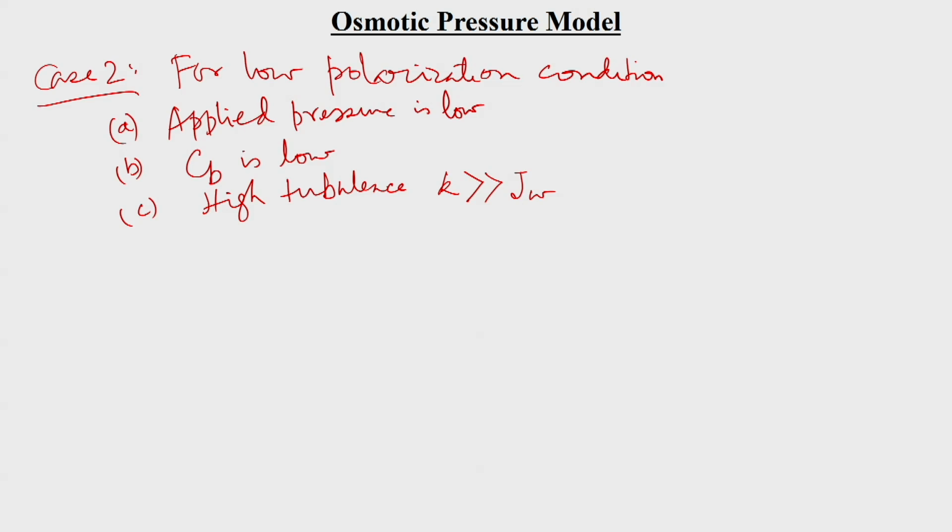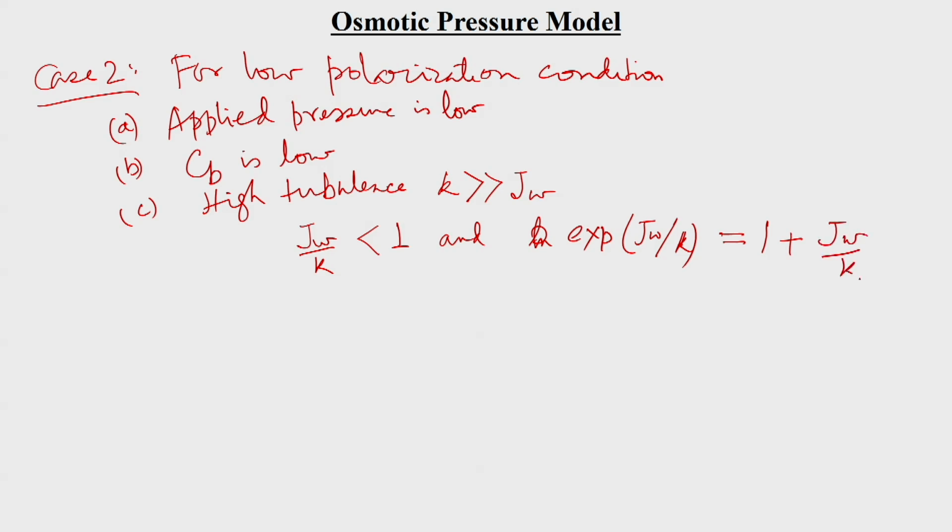In that case the ratio Jw by K will be lower than 1, and the exponential of Jw by K can be expanded simply as 1 plus Jw by K. Now we will put this in the expression for Jw.